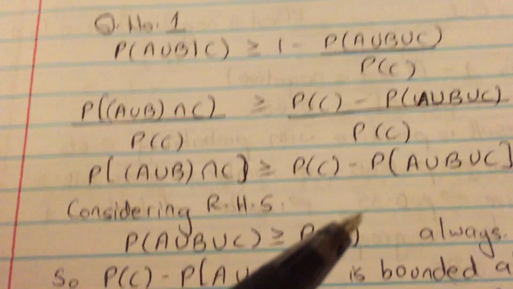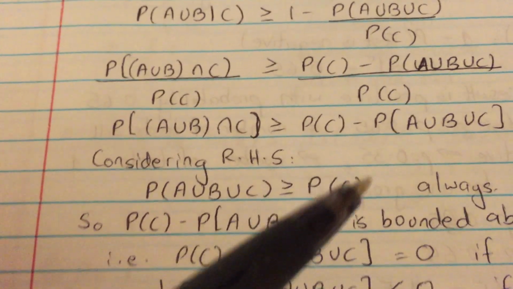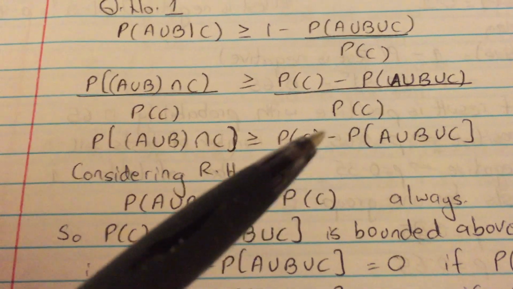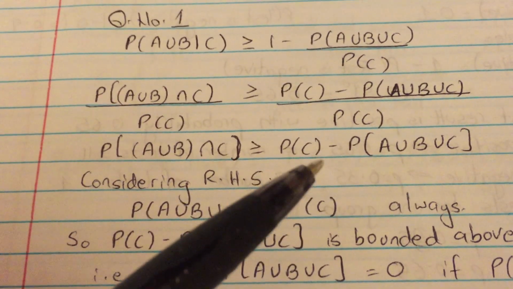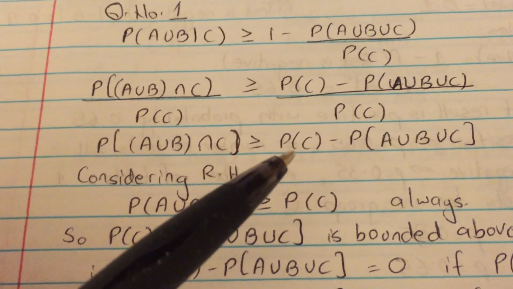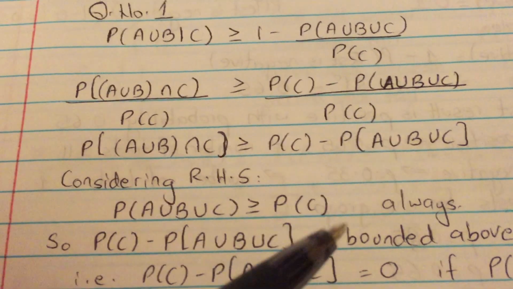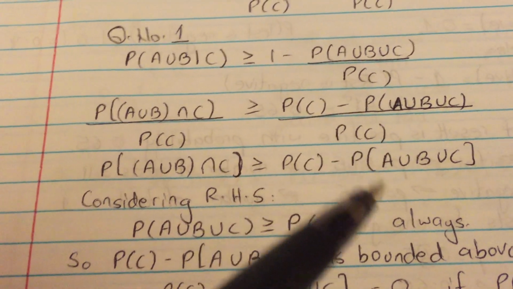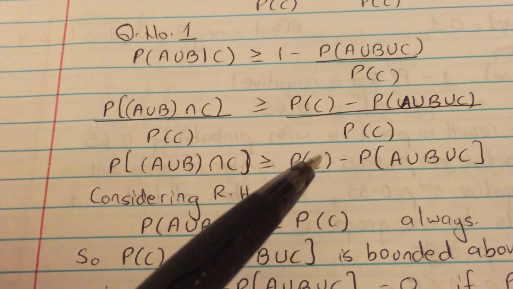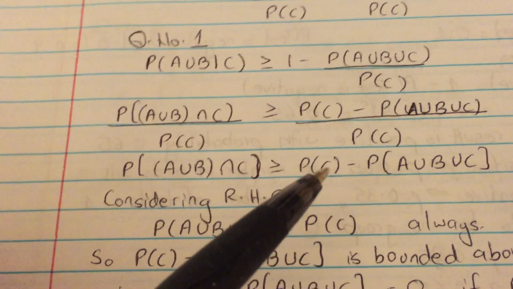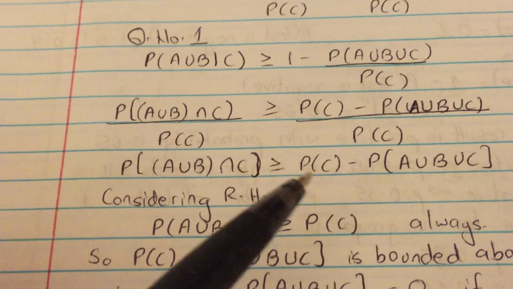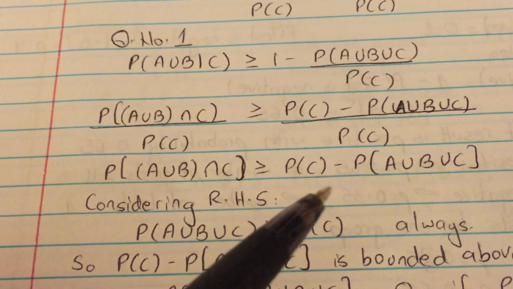That is, for example, if A and B are both a subset of C, then this will also equal probability of C, and this whole right hand side will become 0 because it will just be probability of C minus probability of C. And if A and B are not a subset of C, then this probability here will be greater than this probability here, so this whole term will become negative. So this means that the right hand side is bounded above by 0.